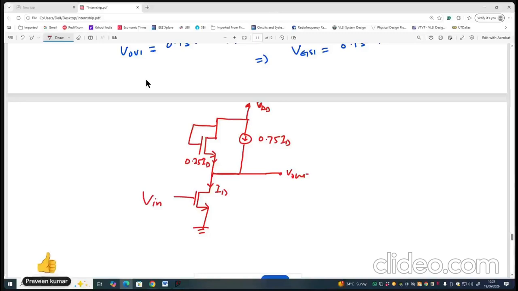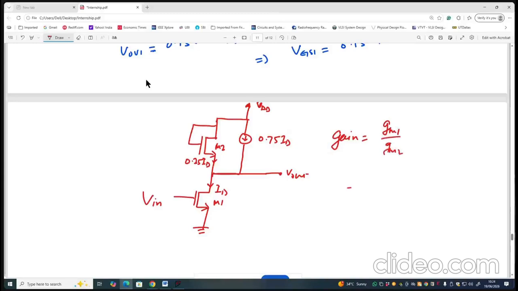So now when you write the gain expression, this is M1, this is M2. So you will write gm1 upon gm2. This is how you will write it.